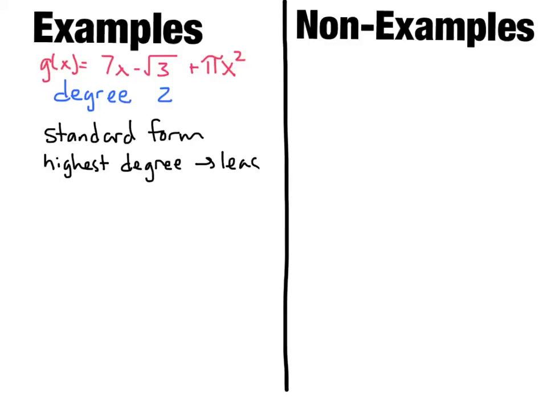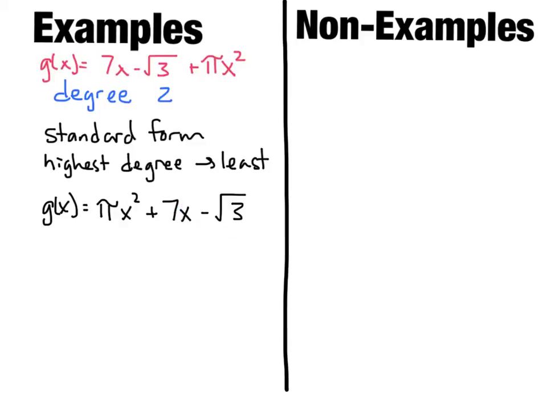So if I were to write this in standard form, I would say g of x is equal to pi x squared plus 7x minus the square root of 3, because I've got my x squared, x to the first, and then no x at all.